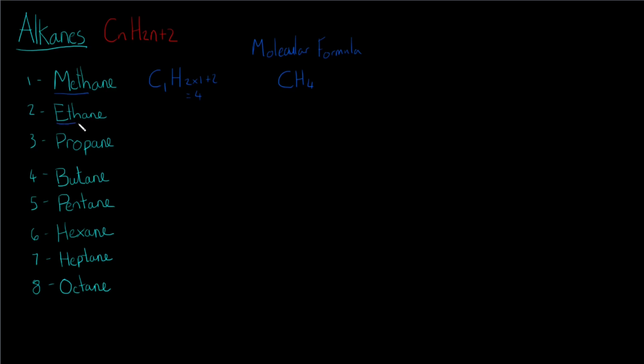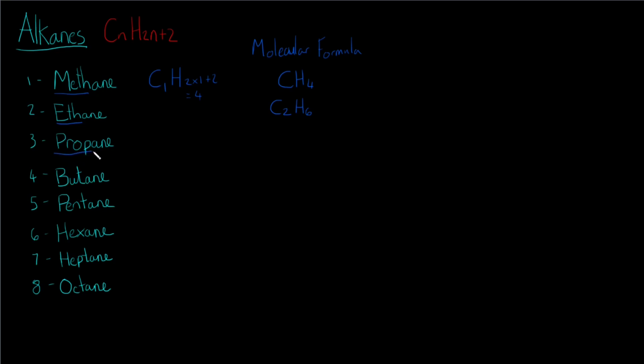Eth, we know that eth means that we have 2 carbons, so it's going to be C2. Using our general formula, CnH2n+2, when we change this n to 2, we've got 2 times 2 plus 2 is 6. And it's that easy.